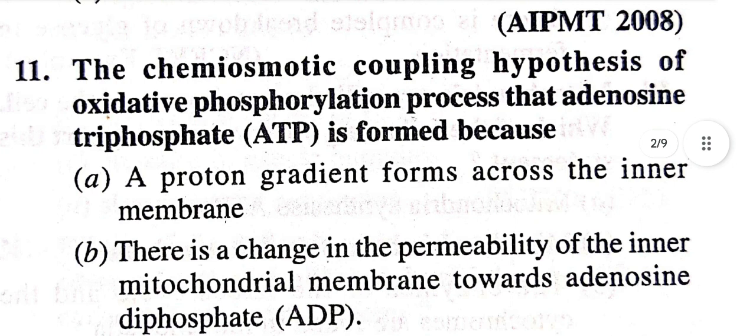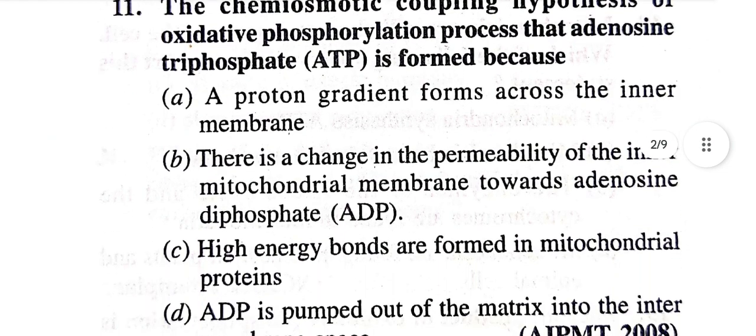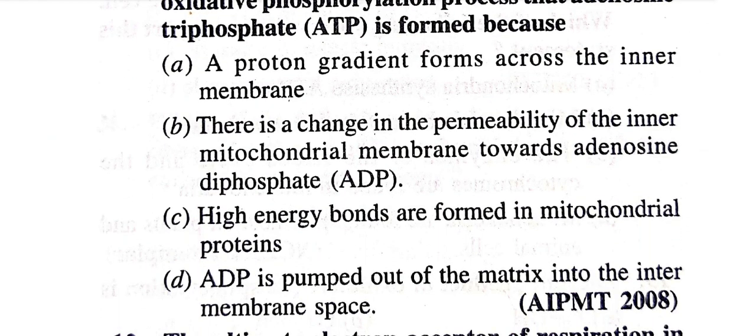Question number 11, the chemiosmotic coupling hypothesis of oxidative phosphorylation says that adenosine triphosphate is formed because a proton gradient forms across the inner membrane. There is a change in permeability of the inner mitochondrial membrane towards adenosine diphosphate. High energy bonds are formed in mitochondrial protein.